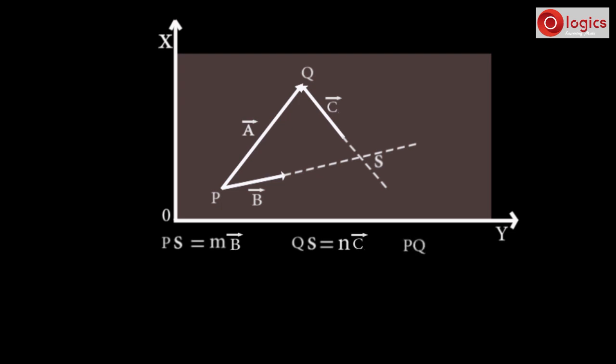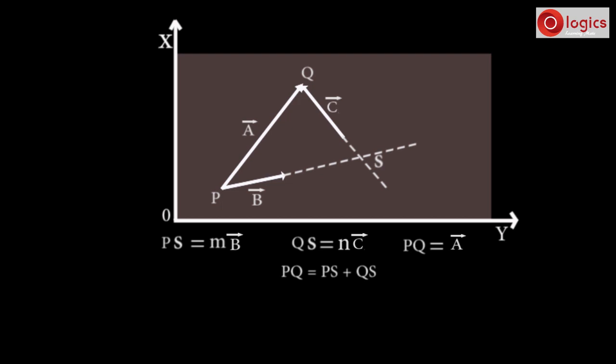And PQ equals a bar. Observe, PQS is a triangle. Apply the triangle law of vector addition to this triangle PQS. We have PQ equals PS plus QS.